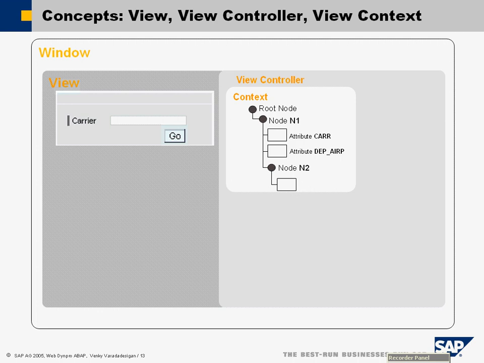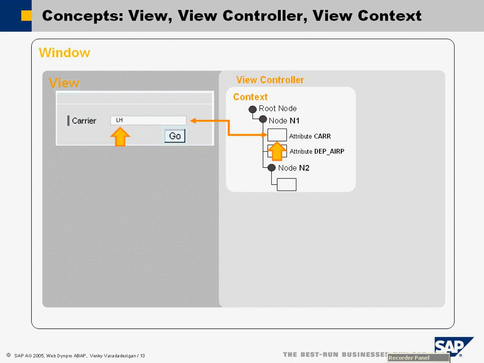The view controller has a context, which is the hierarchical representation of your data, right? It's a tree structure, so it has only one base node, and below that you can have multiple nodes or attributes. The attributes and nodes are tied to the layout UI elements. We will see the actual technical terminology for making such ties.